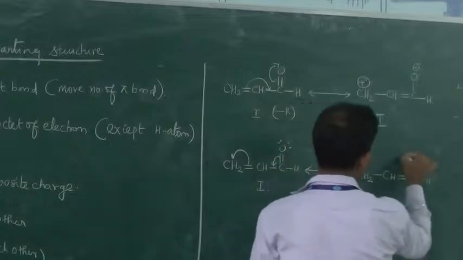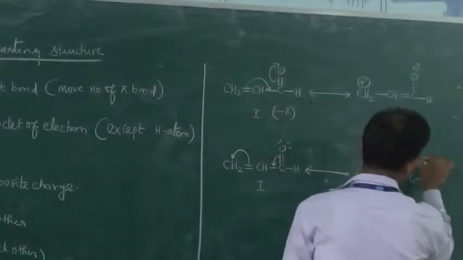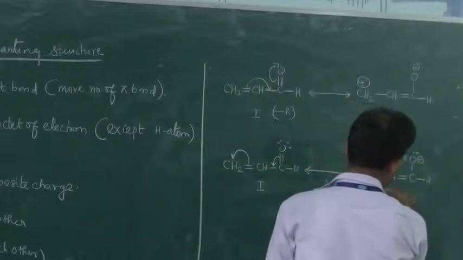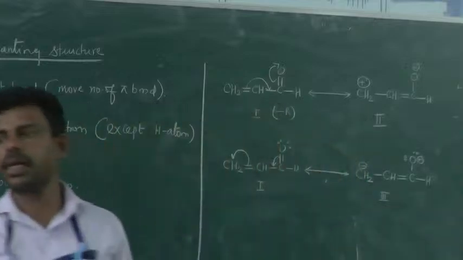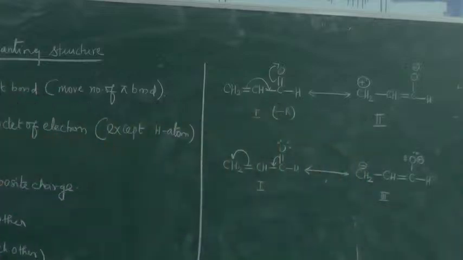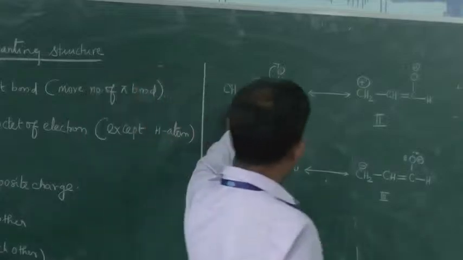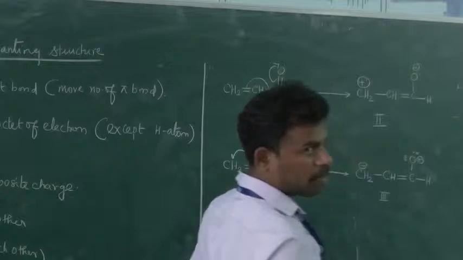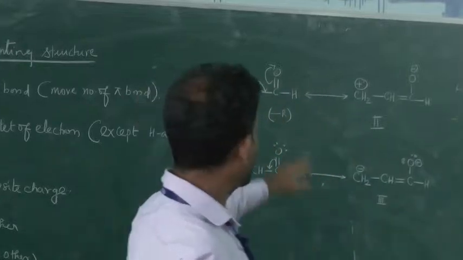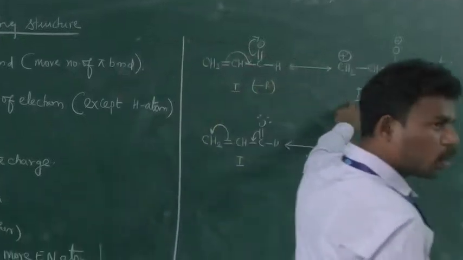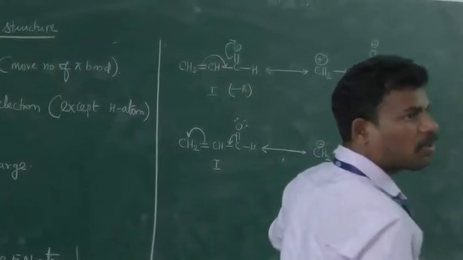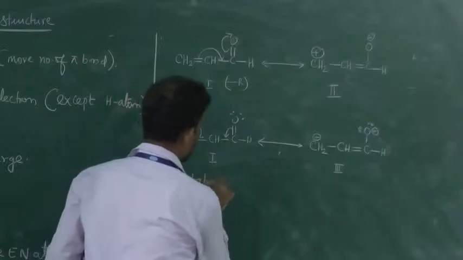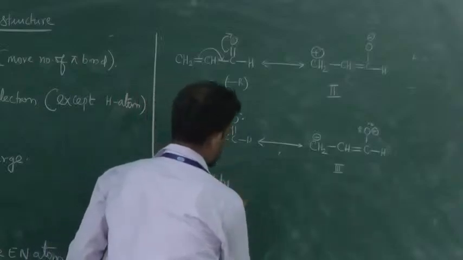Two lone pairs are there. Your formal charge positive, your formal charge negative. This is resonating structure 3. Is it clear? So I am shifting the pi electrons towards another pi bond. Now my resonating structures are possible. Is it clear? Our resonating structures 1, 2, 3. Among these, you have to predict the relative stability of the resonating structures.